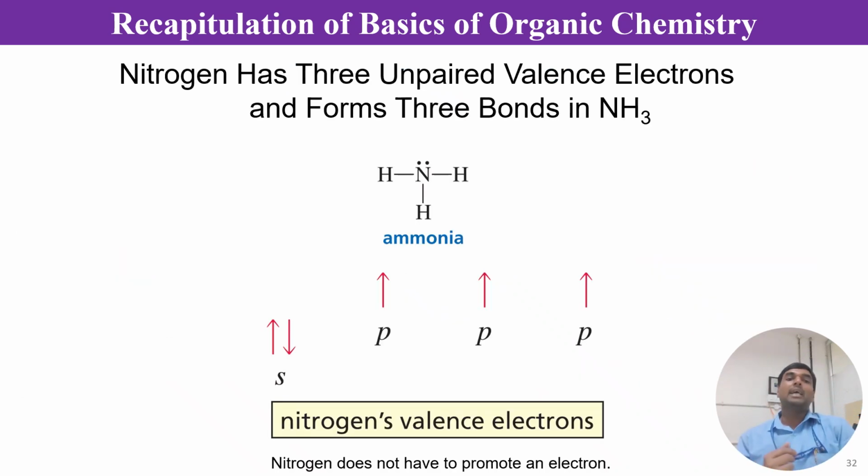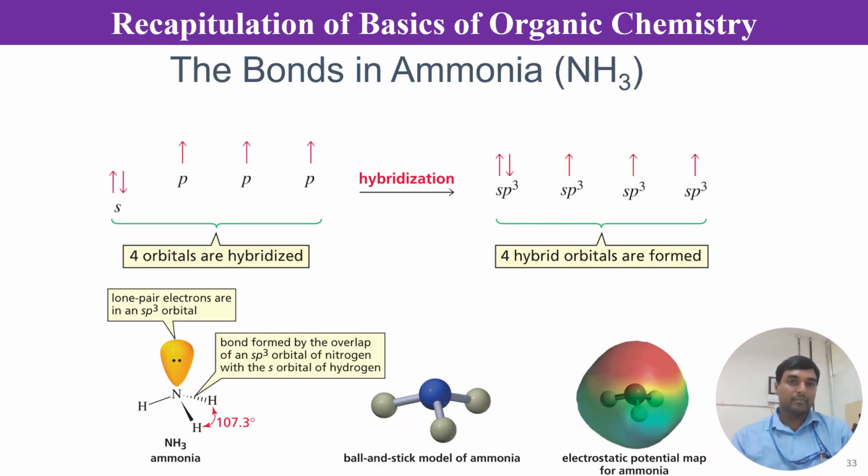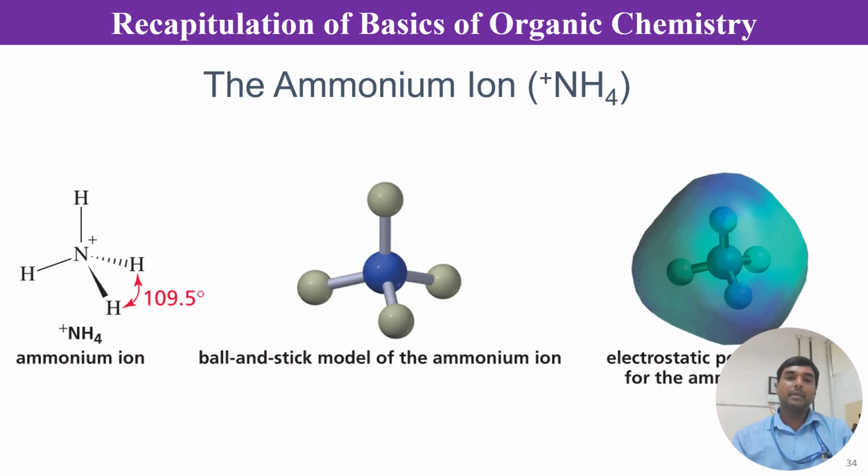So what is happening in the ammonia case? There is one lone pair of electrons and three p orbitals with unpaired electrons. They'll combine with the three hydrogen atoms, and that's why ammonia nitrogen is sp3 hybridized, also forming the tetrahedral shape like methane or methyl carbanion. So this is sp3 hybridization.